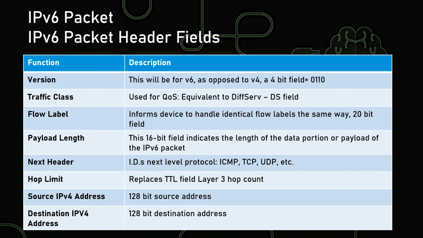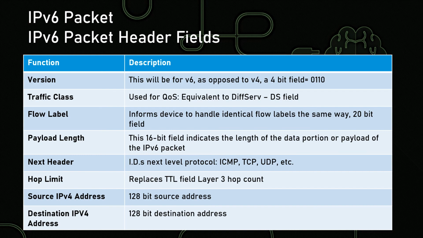So here are the fields we've retained. Version 6, as I said, represented as 0110. Traffic class is now the equivalent of differentiated services. The flow label allows us to handle identical flow labels the same way. So this is kind of a prioritization or categorization field. The payload length tells us how big the packet is in the actual data portion.